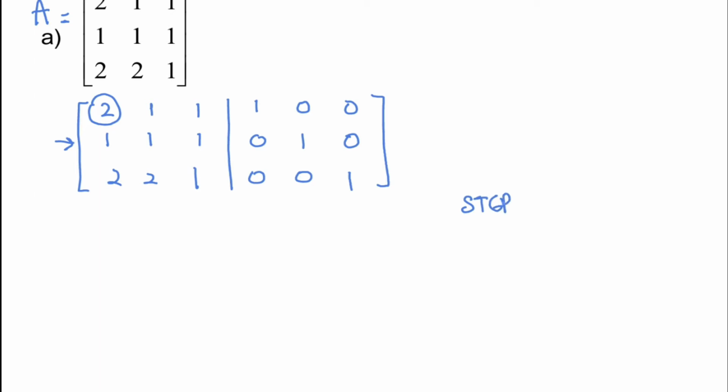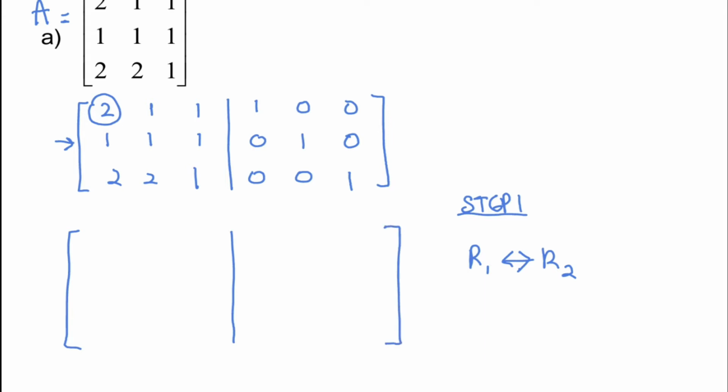Step 1, you change row 1 into row 2 and row 2 into row 1. So you will get 1 1 1 0 1 0, 2 1 1 1 0 0. And row 3 you didn't change anything, so you just copy back the solution.